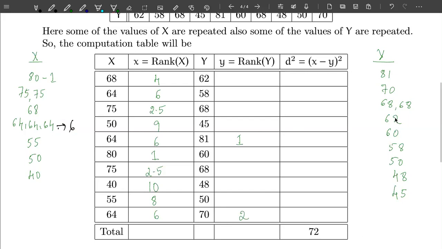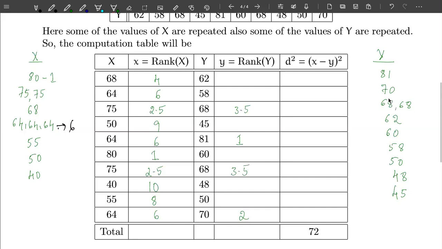Then after that 68, there is a tie for position number 3 and 4. So how do you assign rank for these two numbers? You will have to add 3 plus 4. 3 plus 4 is 7. 7 by 2 is 3.5. So for 68, the rank is 3.5 and 3.5.